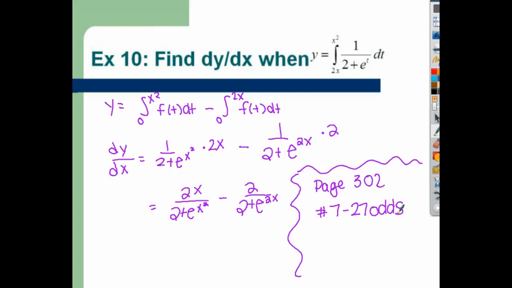Stop at 25. Because 27 is a natural log, and we didn't get to the natural log example. Yes, one last problem. So it goes 7 to 25 odds. Okay.